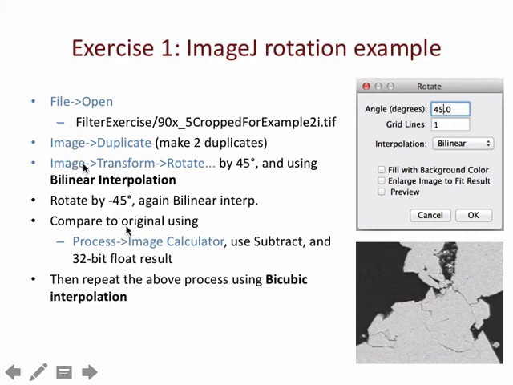And in the same image menu, use transform, rotate, and fill in 45 degrees and bilinear interpolation. And then you can also repeat the process with bicubic interpolation. So bicubic is fitting cubic splines.